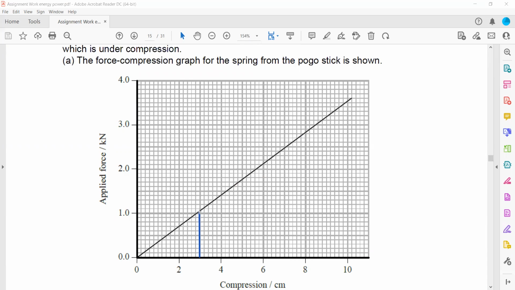Then when a child is there, he further compresses by 6 centimeters. So the total will be how much? The total will be 9 centimeters.